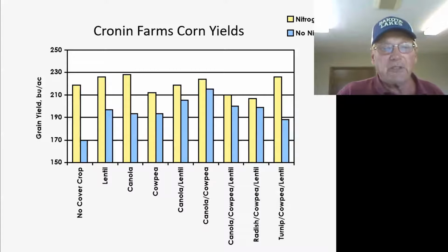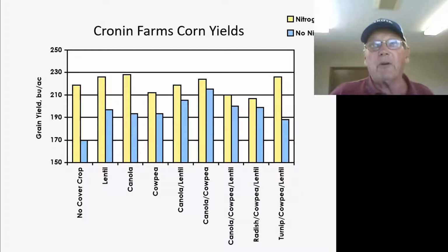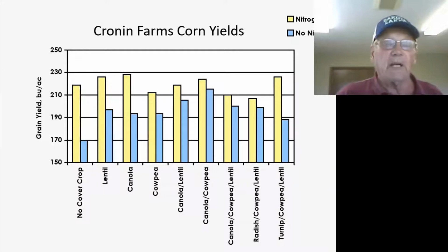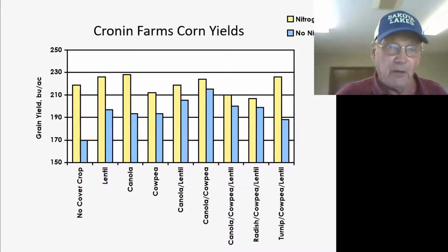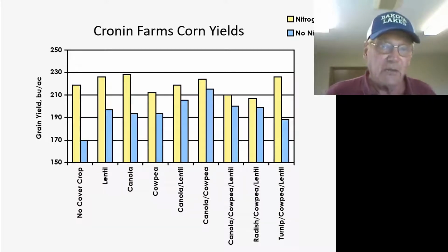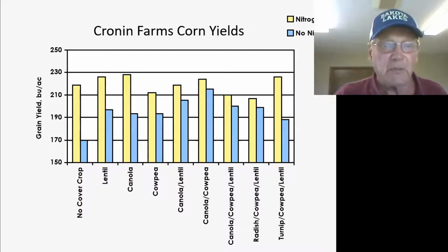Here's a cover crop study we did. Now these cover crops are all real low carbon-to-nitrogen ratio cover crops. We don't use that kind of cover crop very much because we want to build carbon in our soils, but this is a study we did with ARS people on a farmer's field. We put in these different cover crops, and the next year they grew corn and either fertilized it or didn't fertilize it.